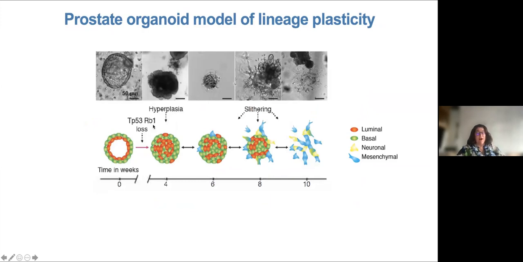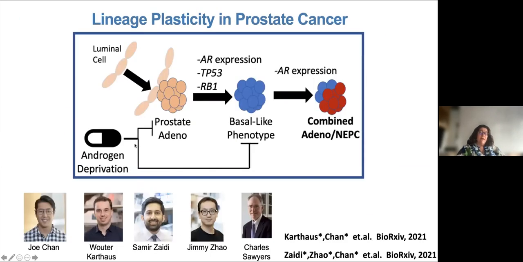When you have P53 and RB loss, these cells are able to avoid androgen therapy and completely revert to a different, more neuroendocrine lineage and become drug resistant. So it's really the tumors that have P53 and RB loss that are able to develop drug resistance through lineage transformation.